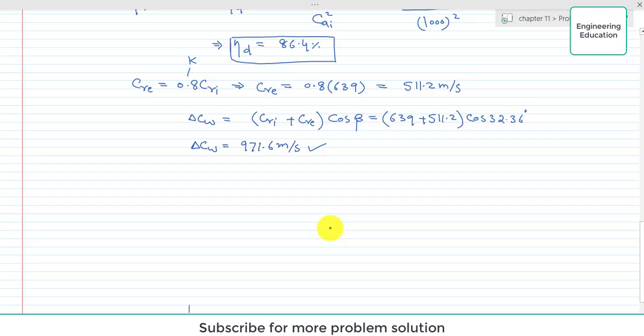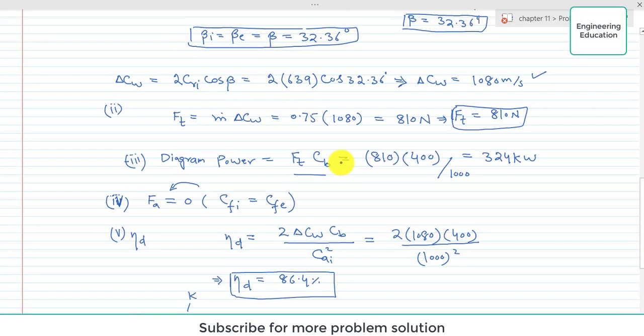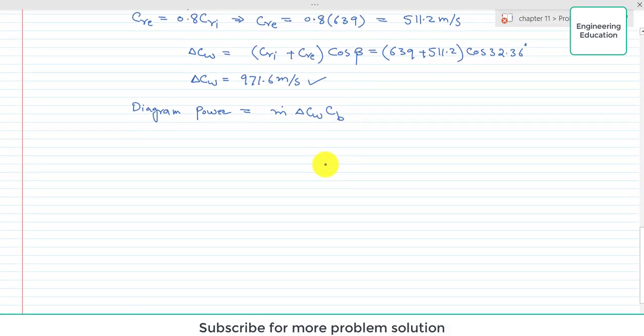Now further, to find the diagram power, we have the expression m dot delta CW into CB, calculated previously. Tangential force is nothing but m dot delta CW, and into CB, so the same expression is used over here.